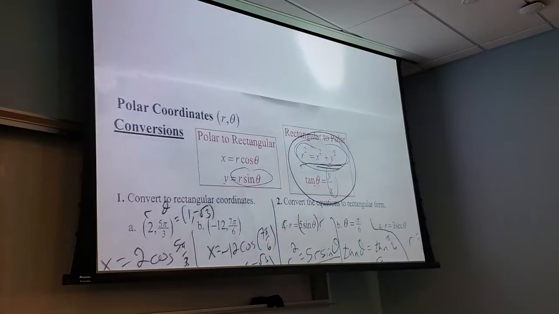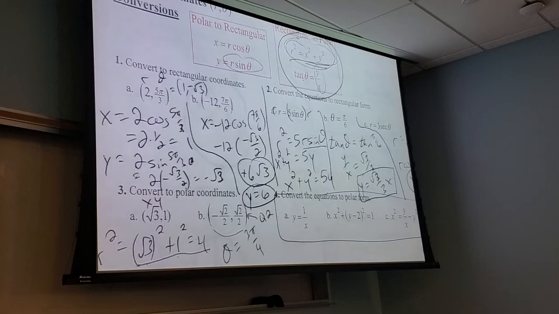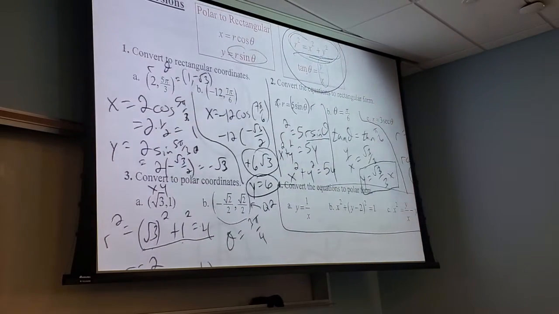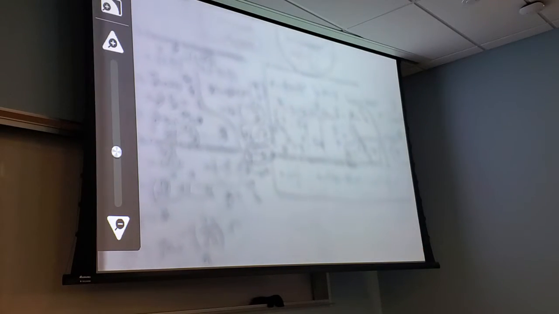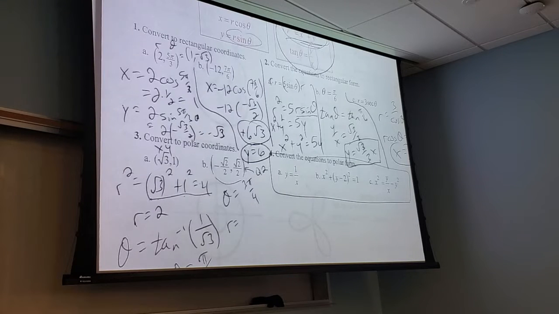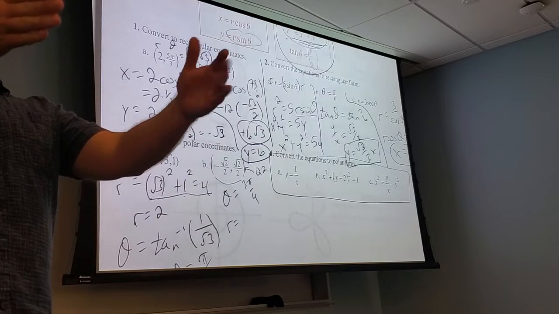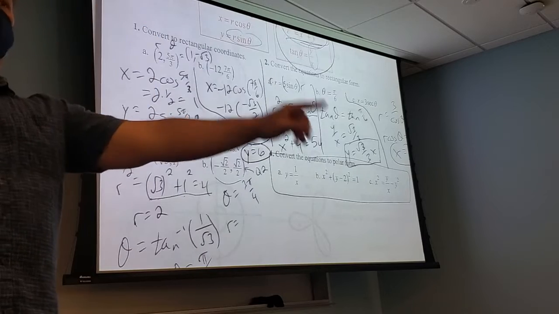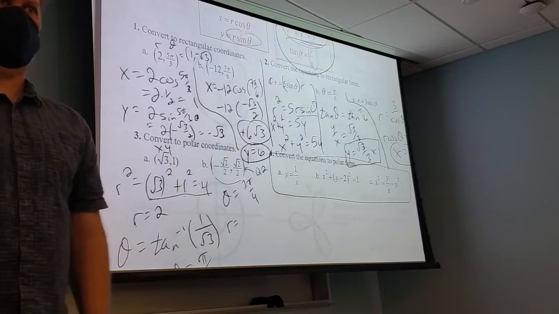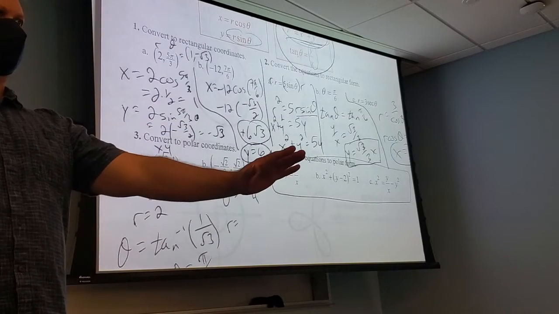Easily distracted, I am. All right, so we got into polar coordinates. We got this far yesterday. If you weren't here yesterday, I highly recommend you watch that video. So basically, the idea is, let's say this room has an XY axis. I'm right at the origin, right?